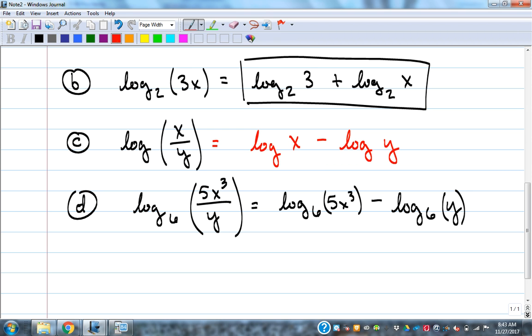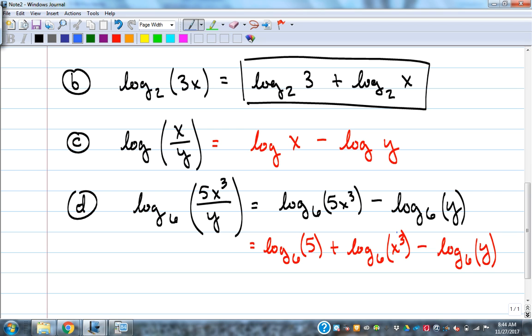But this one has a lot going on. So what can this one do? Before I can do that, I got to undo the multiplication, because the x is the only part that has the exponent. The 5 doesn't. So I need to split that apart to log base 6 of 5 plus log base 6 of x to the third. And then I've still got the minus log base 6 of y.